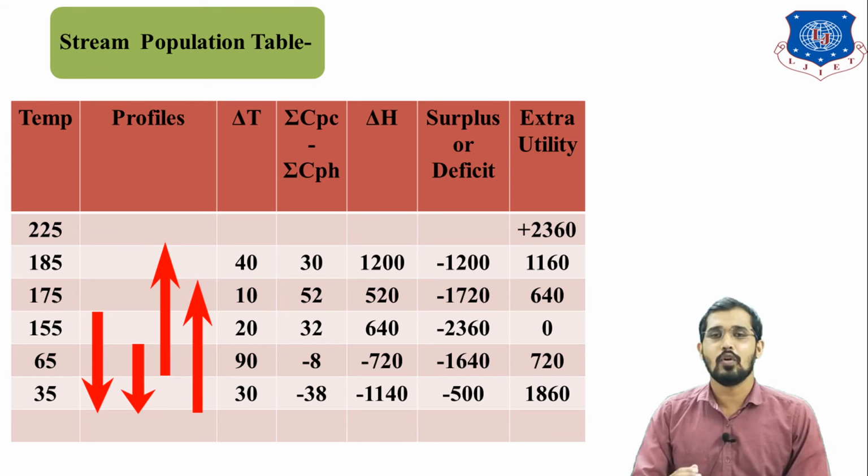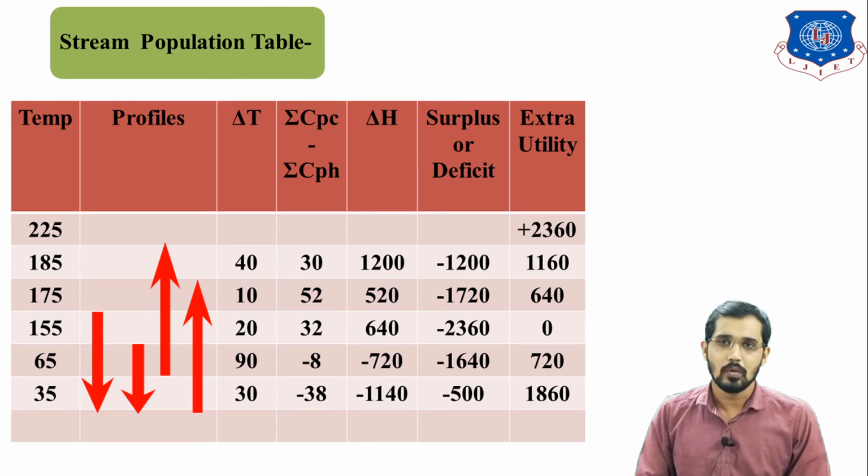The formula for that is mCp delta T. So mCp is the summation of CPC minus CPH, and delta T is what we calculated in the third column. Just multiply the fourth column and third column, and you will get the delta H value. We have to calculate this delta H value for all the shifted temperatures.